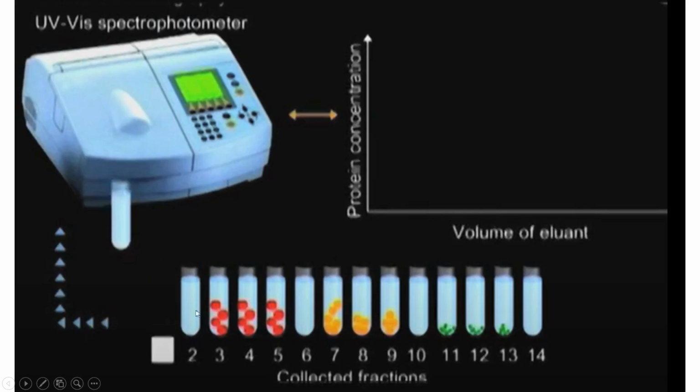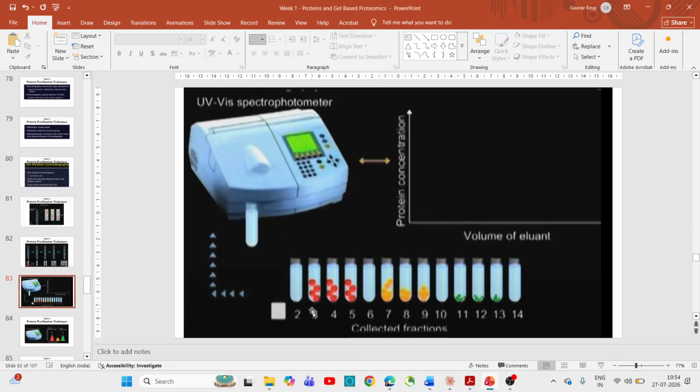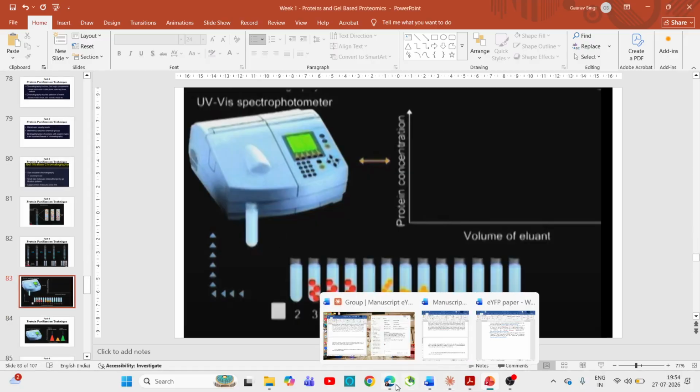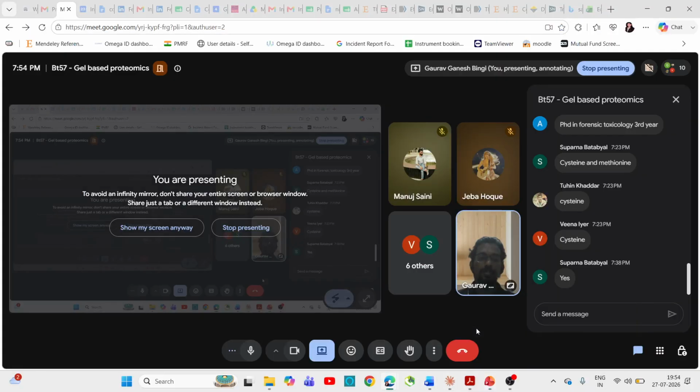And all those fractions can be analyzed through a UV spectrophotometer, as we just learned about. You can measure it at 280 nanometers, or else there are different protein assays to determine proteins. Okay, I can ask you a question. What are the different types of assays you know for determining a protein?